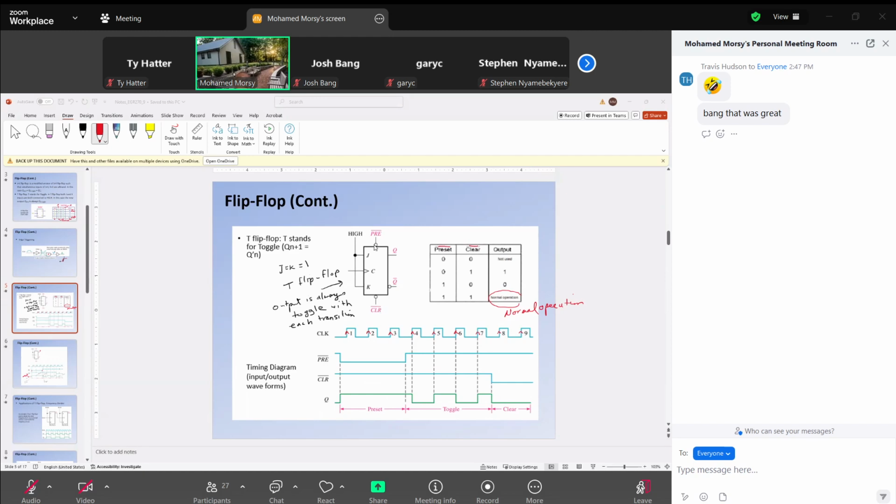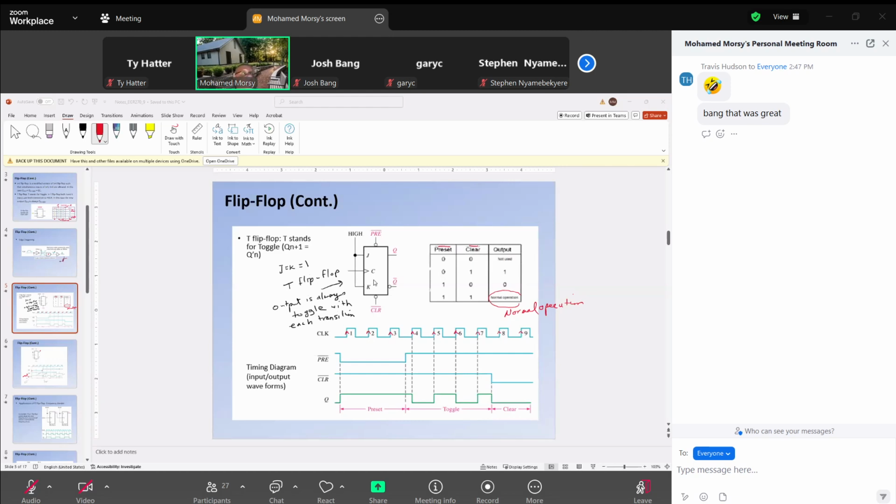These are higher rank control inputs, so before we do anything, we look at these inputs first. The flip-flop goes to normal function only if both preset inverted and clear inverted are ones.